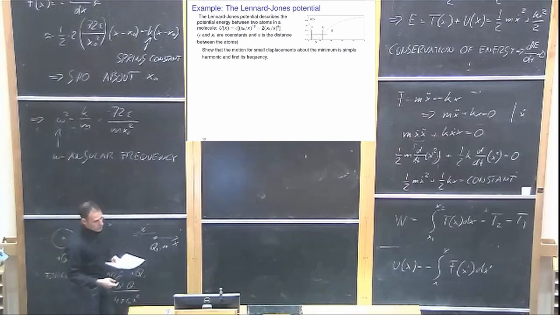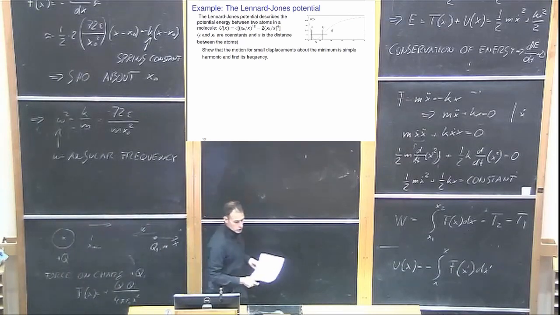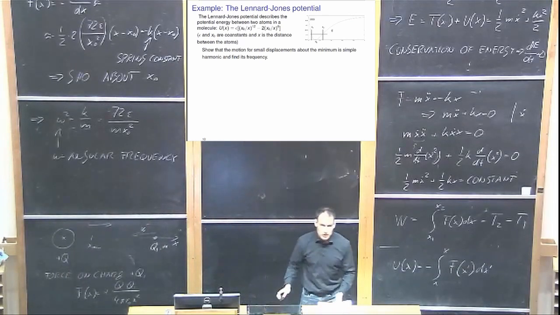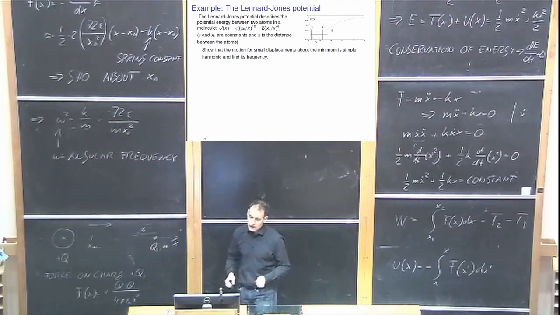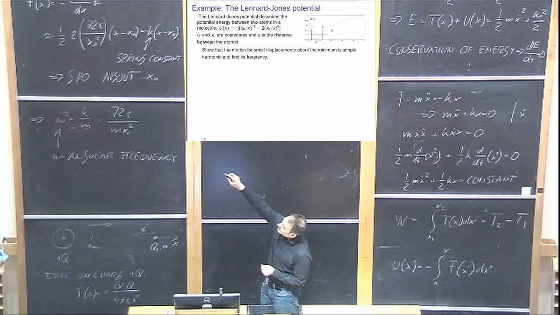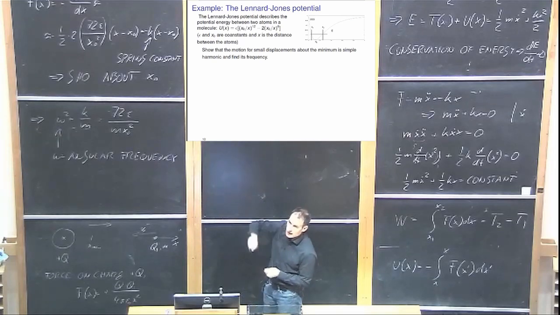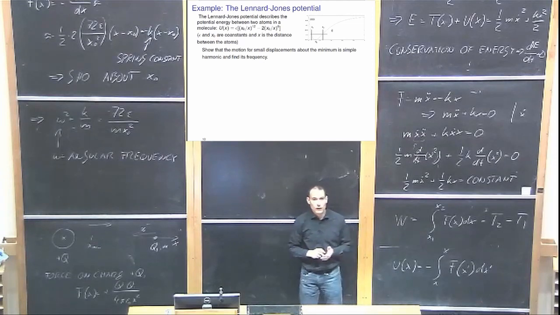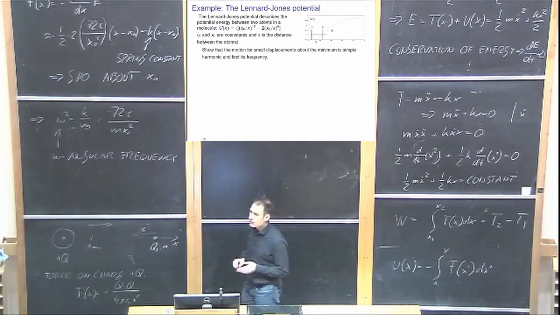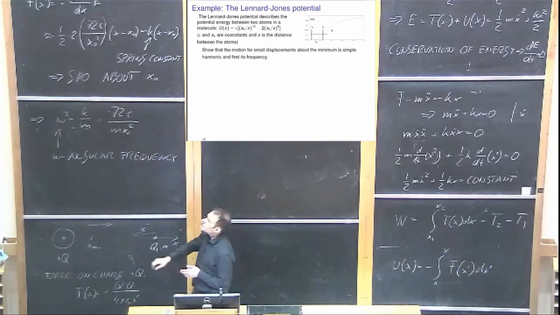So we were able to show the motion for small displacement, and the keyword, read every question very, very carefully, is small displacement. If that turns up in one of the questions you have to solve, try to really think hard about what that actually means.